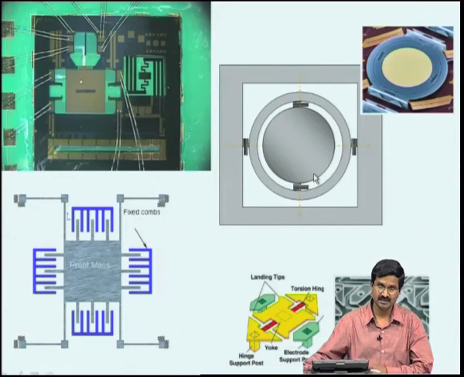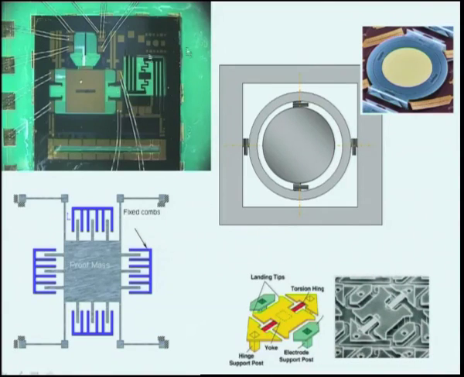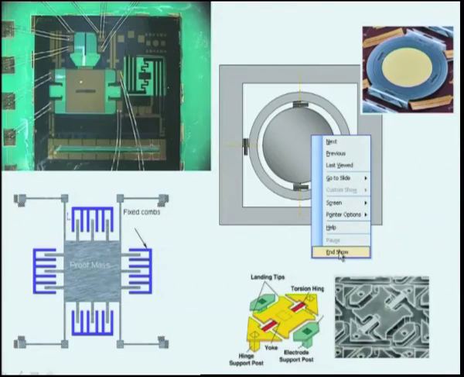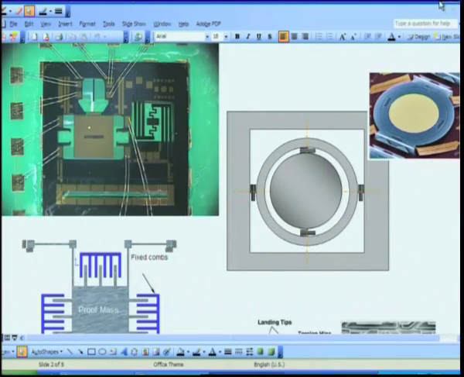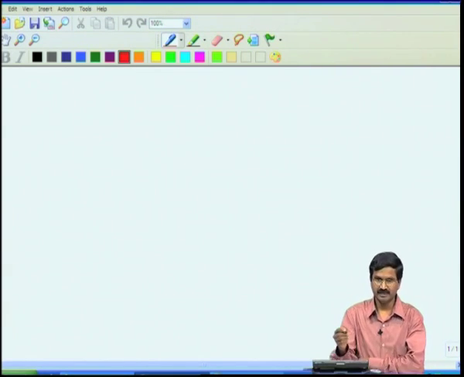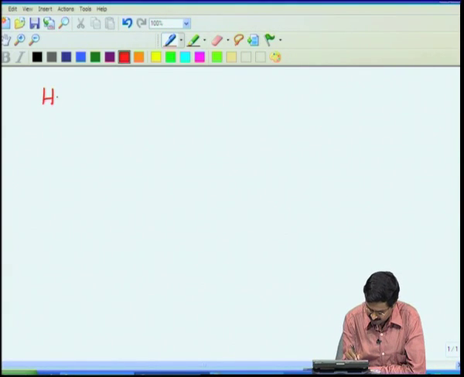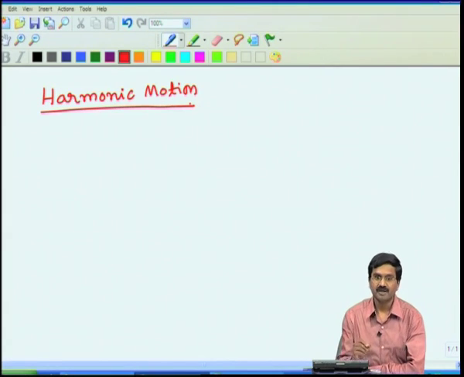They all look complex, but when we analyze them, we try to abstract them as simple as possible, and then consider the basics of vibrations, and then we will come back to these devices and see how we can analyze them. So, let us start with some basics of vibration, and there we have to begin with the concept of harmonic motion. Harmonic motion, that is our starting point for vibration.